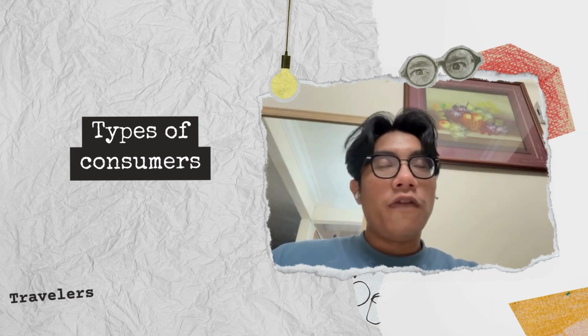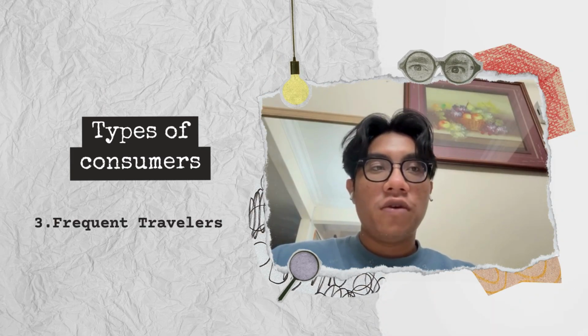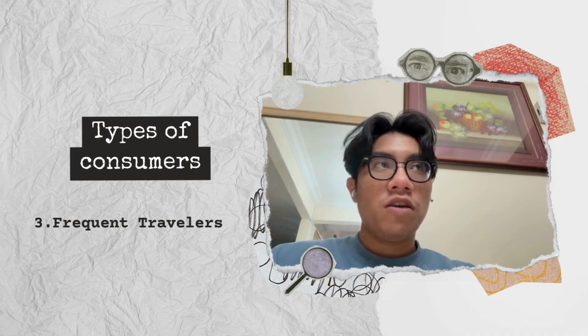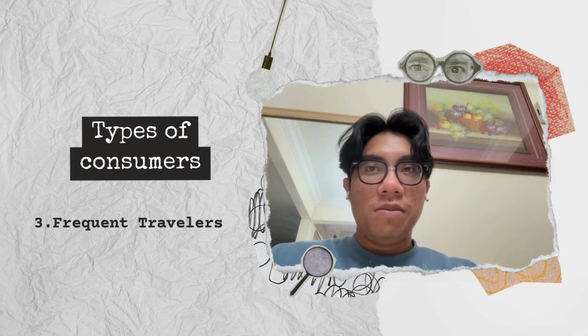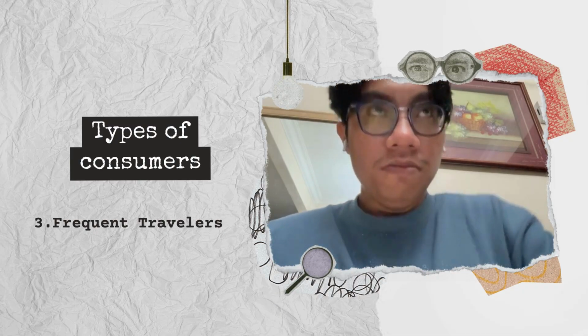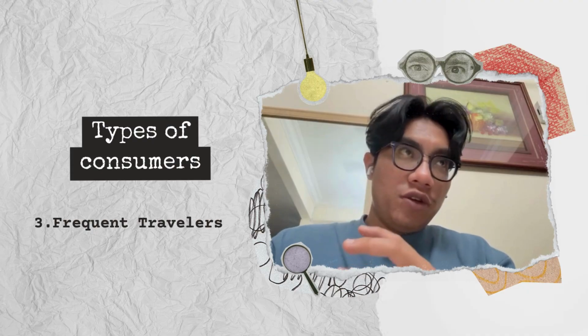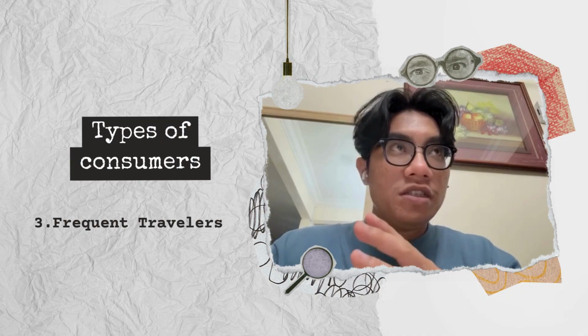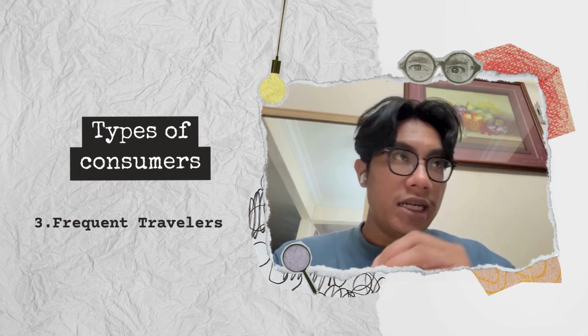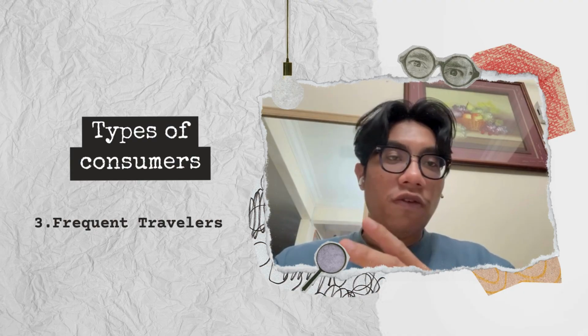So for the last type of consumer, which is frequent travelers, the best product for them is RHB My One Full Flexi Home. This product is the same as for the high-income consumer, but with additional benefits for frequent travelers other than what I mentioned before.